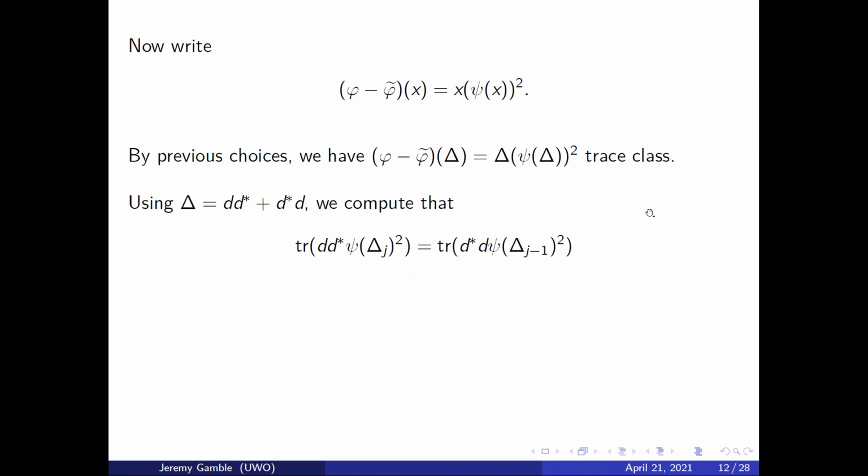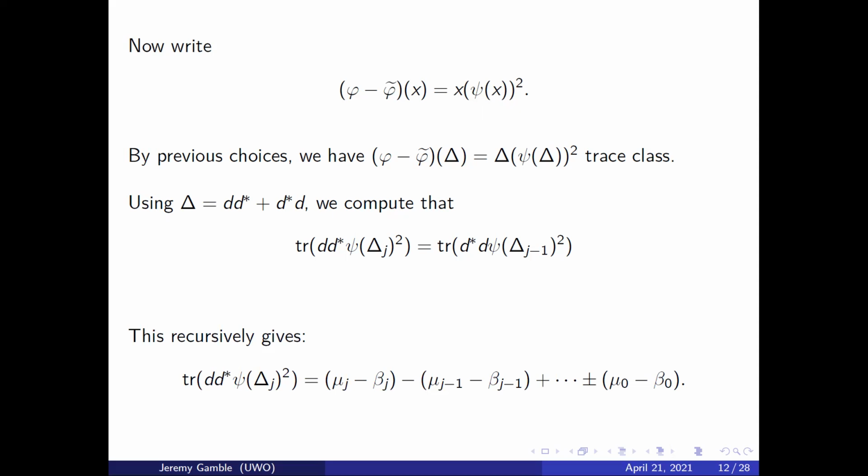So we're using a couple of things at once here, but basically you can rearrange this so that one of the operators appears on the left, and then we swap d with psi of Laplacian squared. And that's why you get the j minus 1, because this is going to be acting on lower dimensional forms because of the swap with the d and the Laplacian. So basically just cyclicity of trace and the fact that those operators commute, you get this.